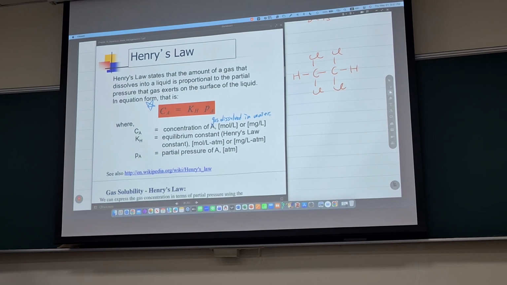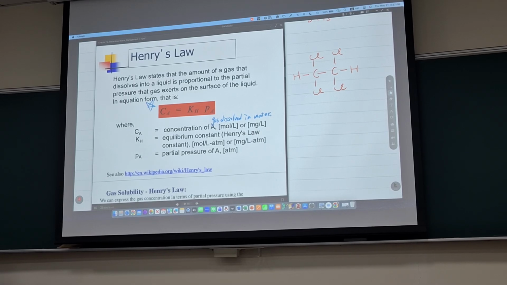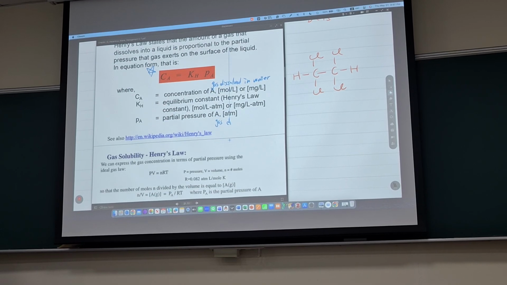The concentration of gas A dissolved in water equals K_H, Henry's law constant, times the partial pressure of the gas.